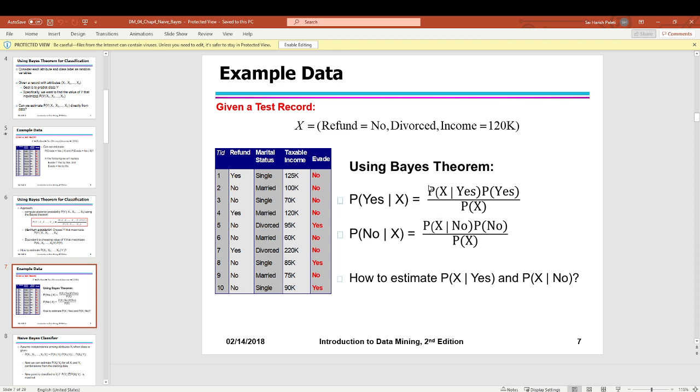Now we want to get these values from this formula, the probability of x given yes and the probability of x given no. The probability of no and the probability of yes we already have, as these are the prior probabilities.